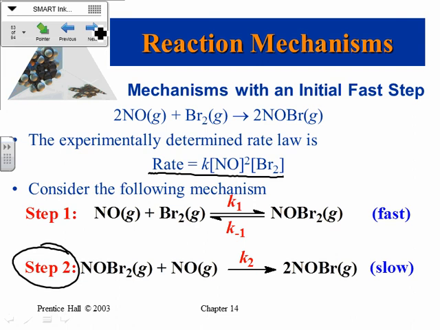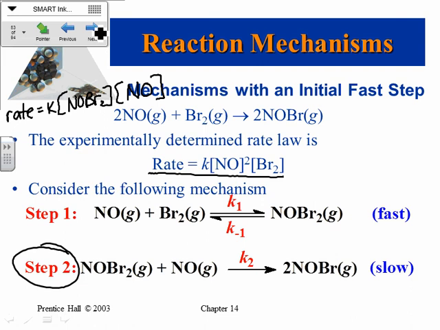It doesn't look like the rate law matches up with the slow elementary step, because if we were writing the rate law the way I just told you, based on the slow step, you would think that it would be, gosh, I don't have room, rate equals k times what? NOBr2 times NO. Right? Sorry, I'm writing over the top of stuff.